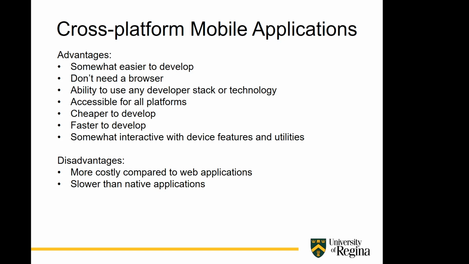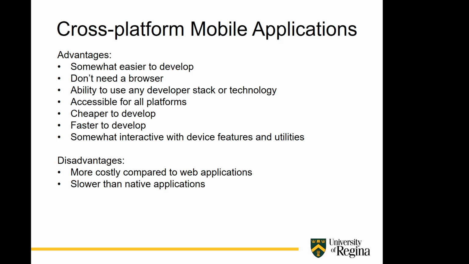Since cross-platform applications run in a web view, we don't need a browser like we do with the web applications. Cross-platform apps can also be published on the app stores. There's really no way for a customer to even figure out that they have downloaded a cross-platform application and not a native application. They both can be downloaded from the App Store and installed in the exact same way.